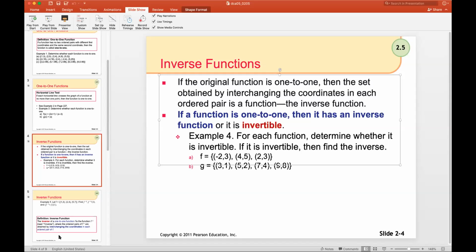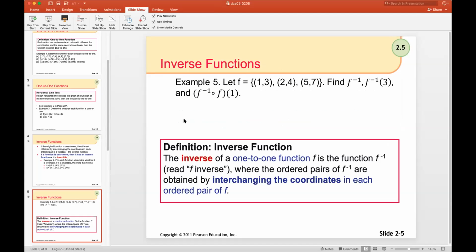But what's the notation? We put -1 in the exponent position. That doesn't mean an exponent; -1 means inverse function. So the inverse of a one-to-one function f is f inverse.